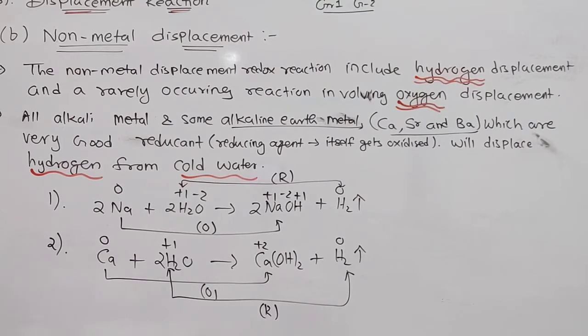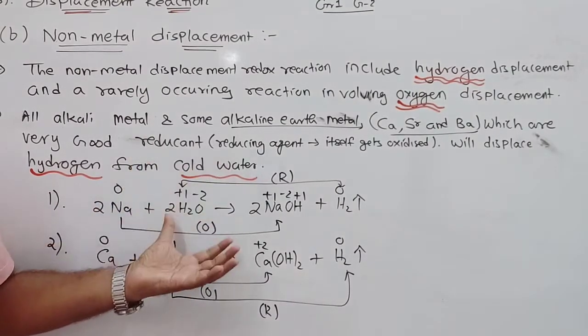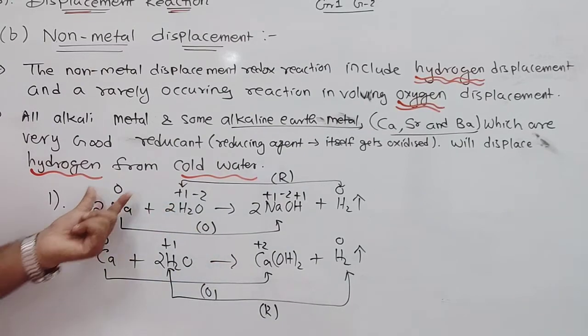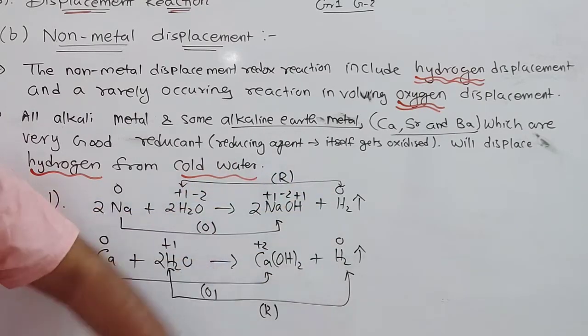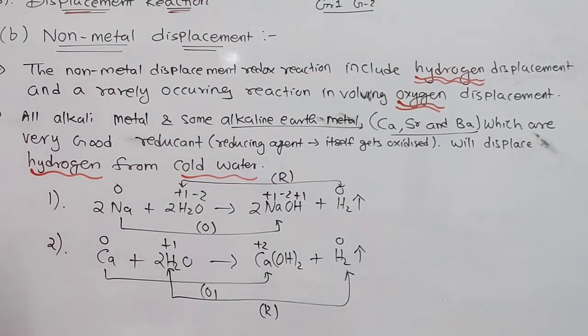They react with cold water. In the reaction of metal with cold water, which gas will it give? Hydrogen gas. So this was the first part, the displacement of hydrogen from cold water.